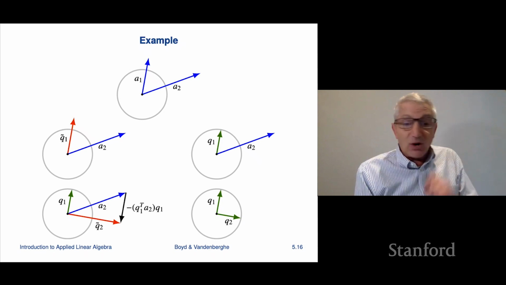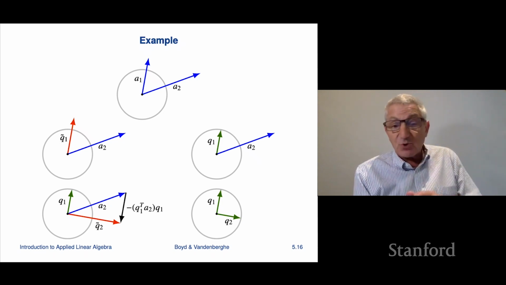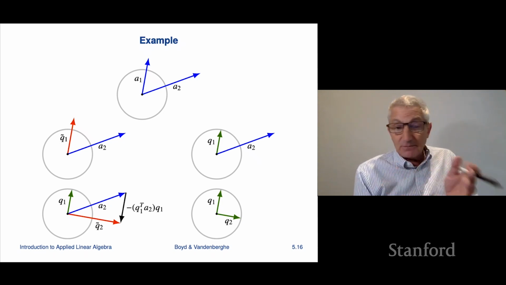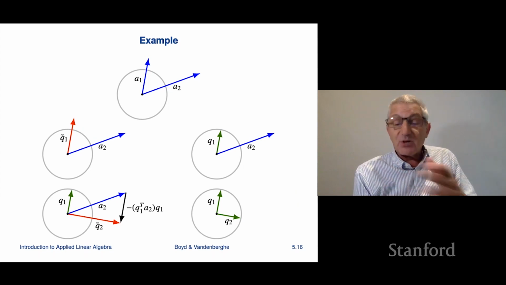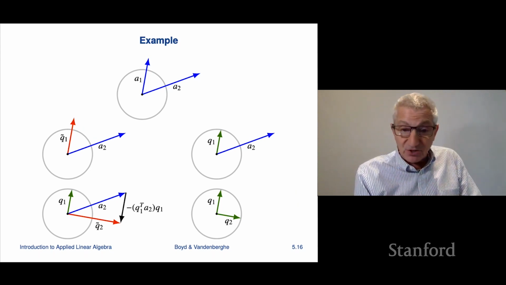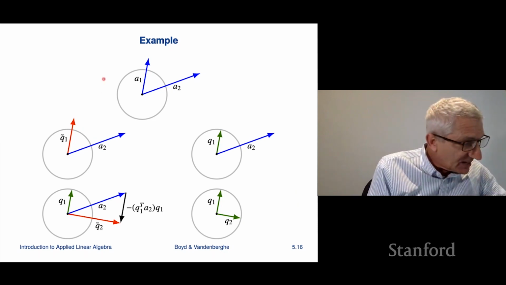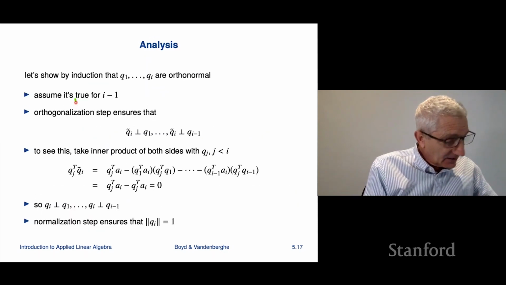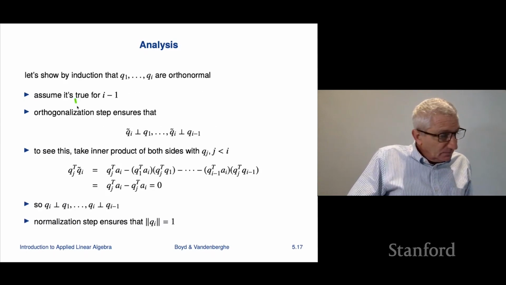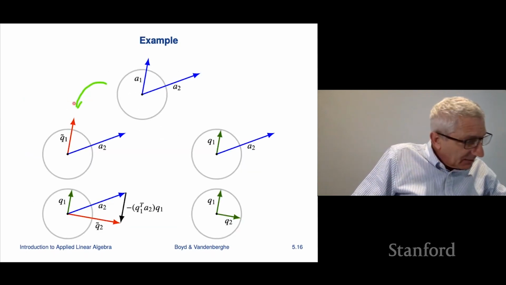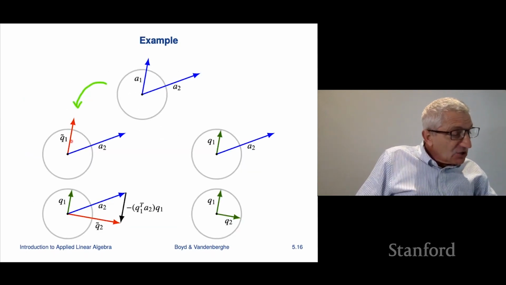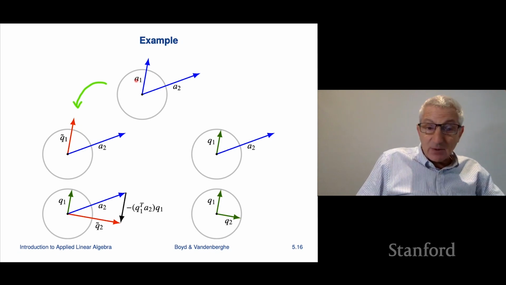Well, we grab A1, and the first thing we do is subtract off from A1 a linear combination of the previous Qs. But we have no previous Qs, so we subtract nothing. And so that tells us that Q1 tilde is in fact nothing but A1.